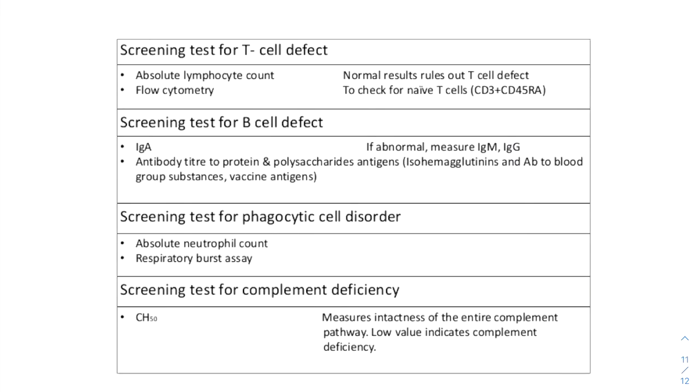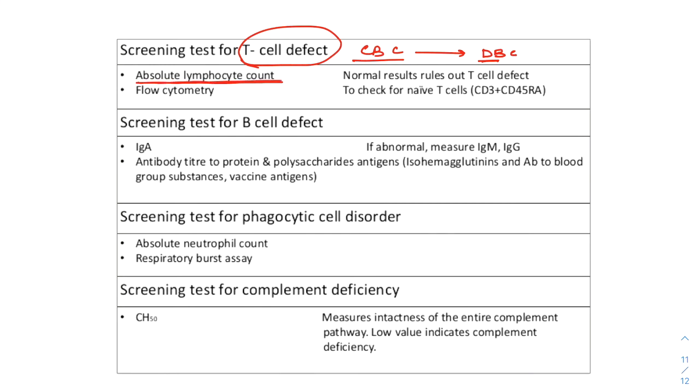So now we'll come to the various screening tests for the immunodeficiency disorders. For any T cell defect, we do the CBC and the differential blood count. In the differential count, they'll have a low absolute lymphocyte count.